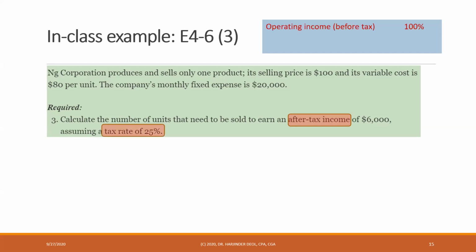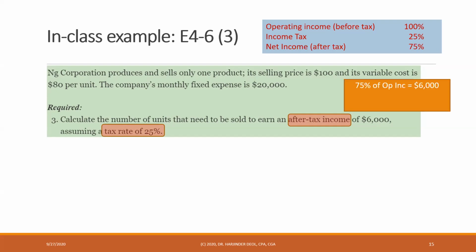So if we want to simplify this, your operating income before tax, if we consider that to be 100%, then your tax rate in this case is 25%, which means our net income that is always after tax is only 75%. So 1 minus the tax rate.